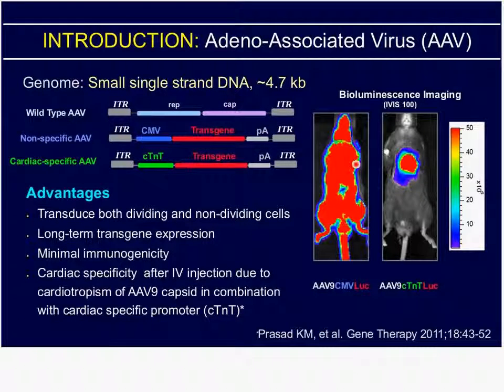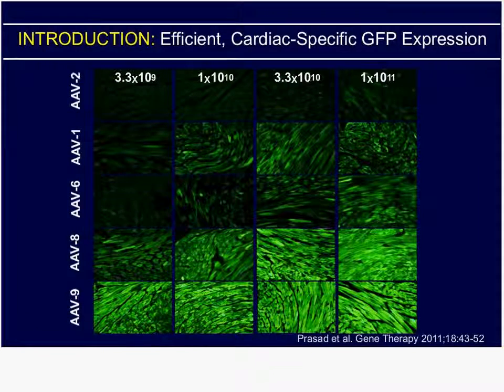So this is bioluminescence imaging shown at the right, where we have the CMV promoter drive luciferase, and in essence, this mouse from head to tail is glowing like a firefly after luciferin injection. With the cardiac-specific promoter and a single intravenous injection of a reasonably small dose, we can get cardiac-specific gene expression.